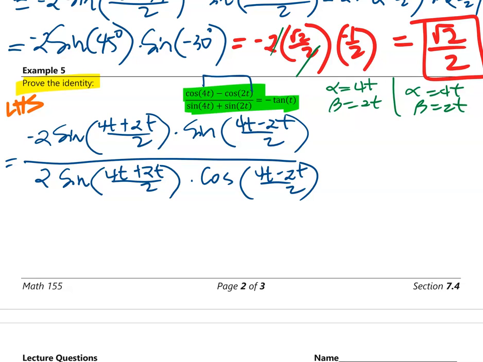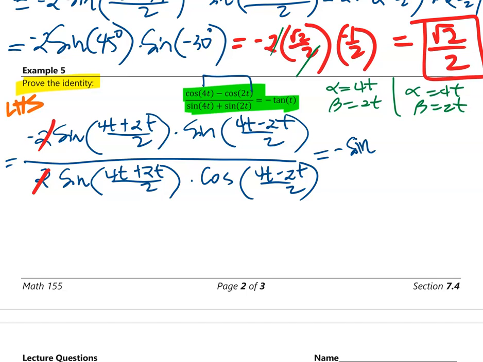Okay, and then let's simplify this. So 2 over 2, we still have a negative here.